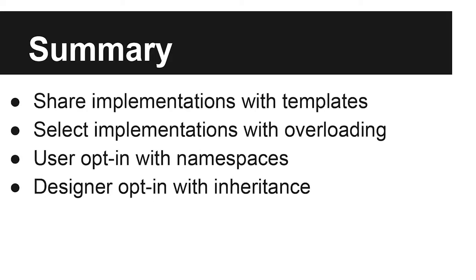So what have we been talking about? We talked about how if you want to do roughly the same thing with multiple different types, think templates. If you want to distinguish between implementations, if you want to be able to do different things, a fast path and a slow path, if you've got an optimization, that's a great time to pull out overloading.